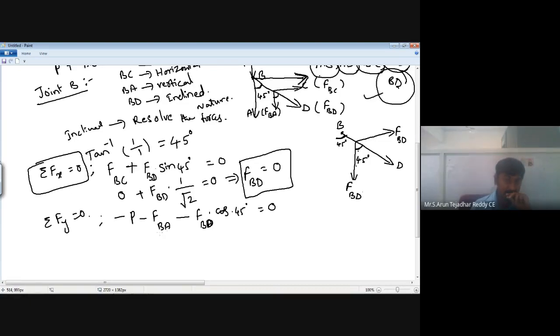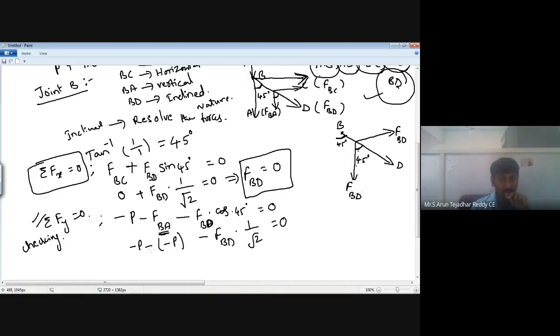And we have already calculated the FBA value. Once check the previous one. The FBA value we have calculated is minus P, and minus FBD. Here we are checking the values, so don't put the zero value here. This is only for checking purposes. And cos 45 is 1 by root 2, equal to 0.